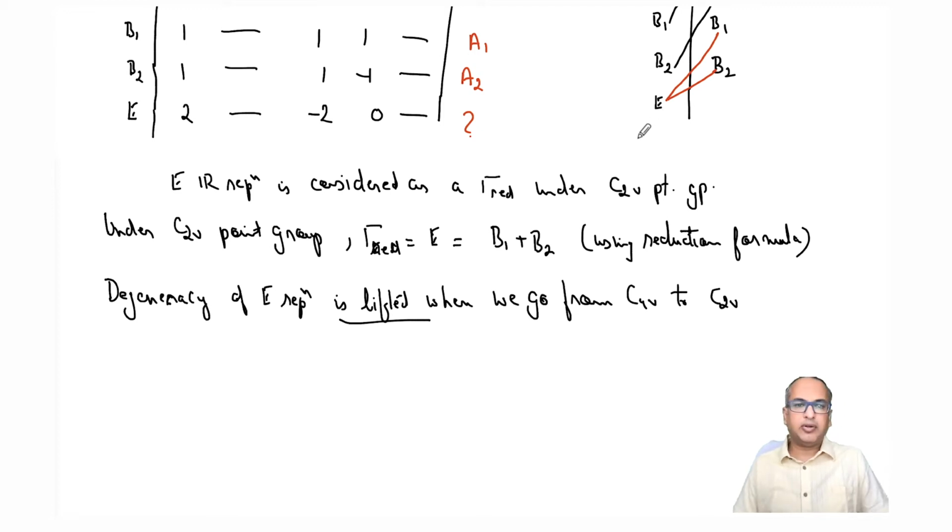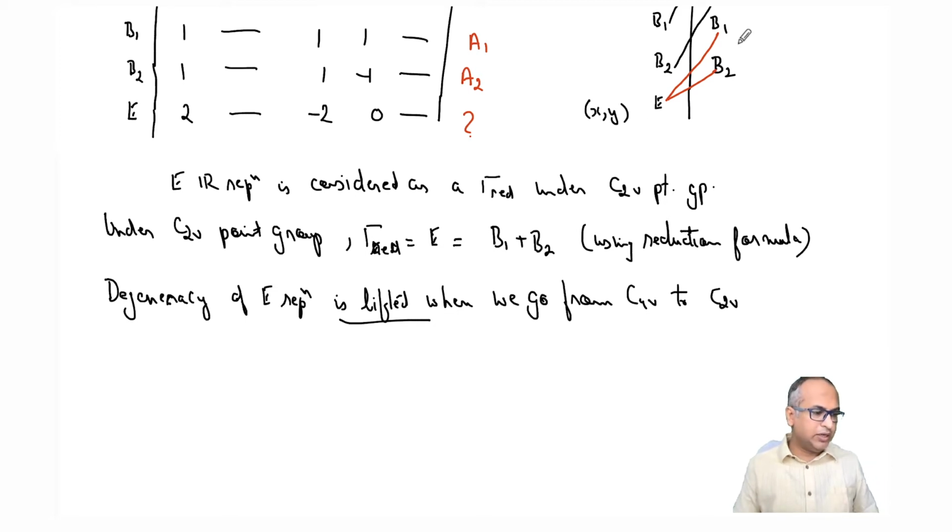So this is a very important point, that degeneracy is lifted, because now consider any property. Let us find out what is the basis set for E under C4V. Let me look at the character table and find out what is the basis under E. So for C4V, for E, the basis is XY. So XY jointly forms the basis.